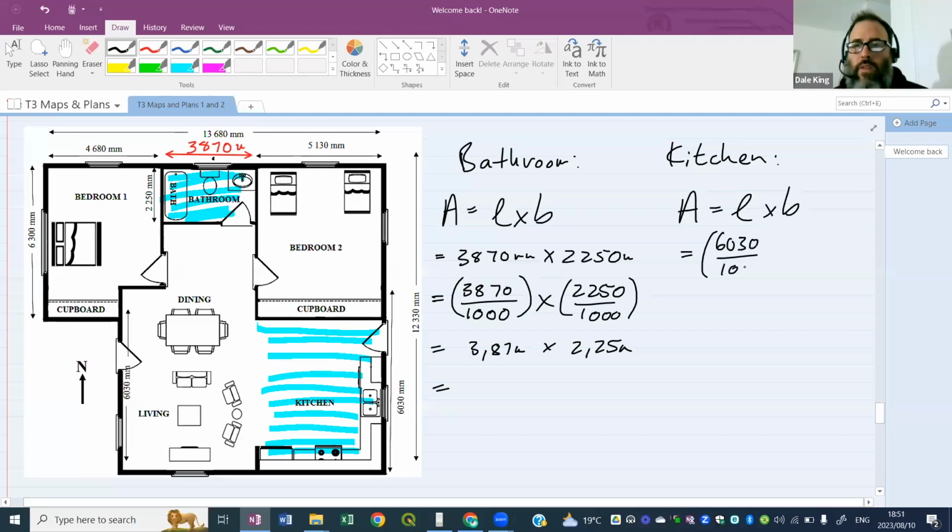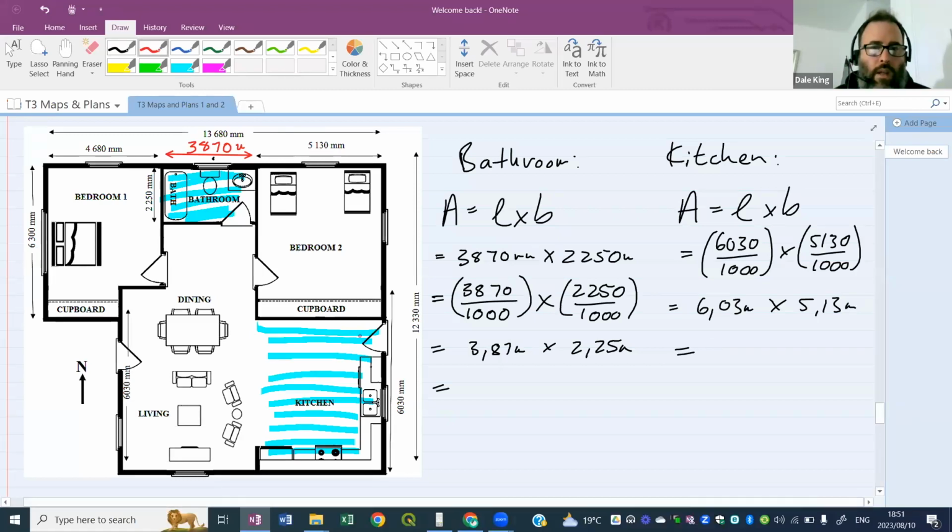We must divide them by 1,000. Guys, at any point, if you're not sure why we're writing this stuff down, please raise your hand and ask. 5.13 meters.